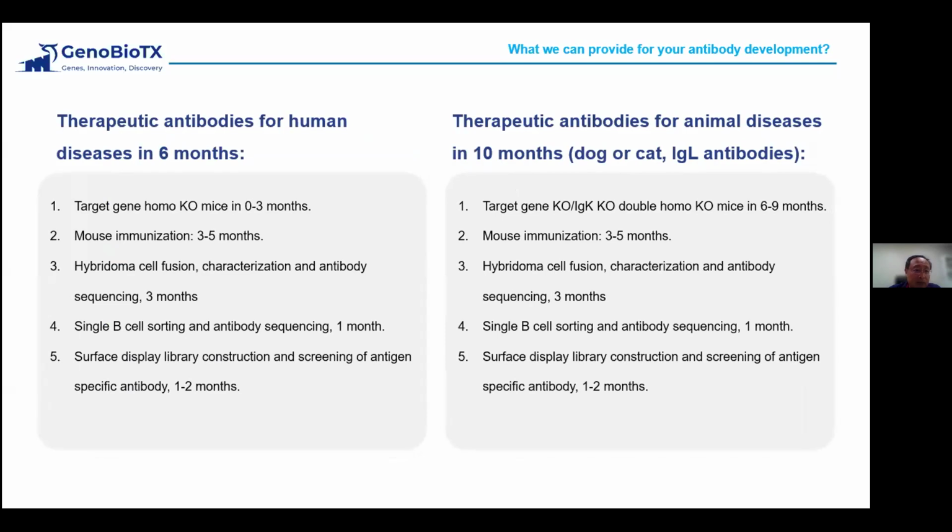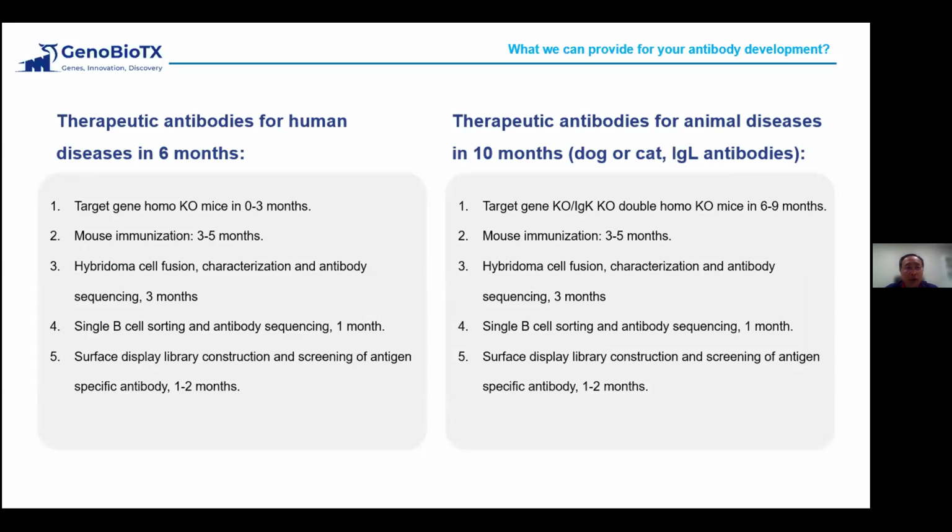So you can immunize the mice in 3 to 5 months, and you can either use a hybridoma, single cell sorting, or some surface display library construction method to characterize your lead antibody sequences. So the shortest time you can find your lead antibody sequences is 6 months. If you are developing therapeutic antibodies for animal disease, we can help you to get your antibody in 10 months.